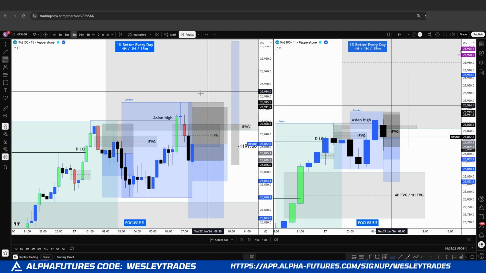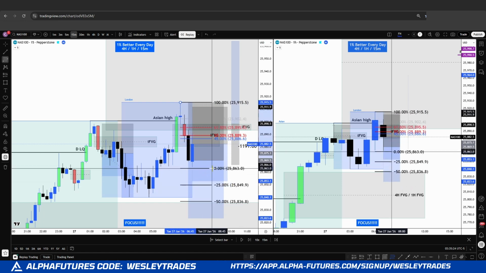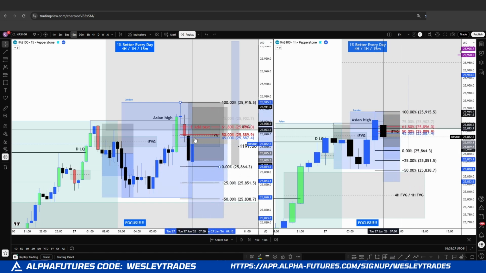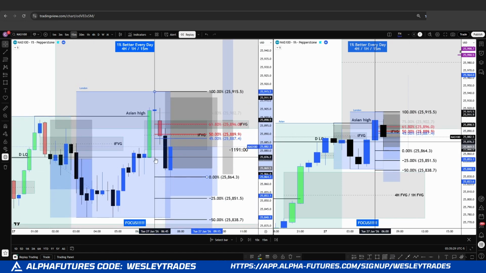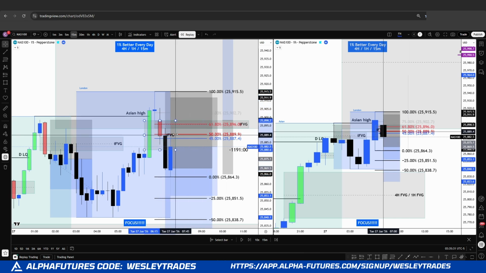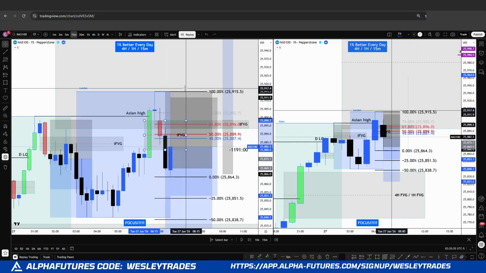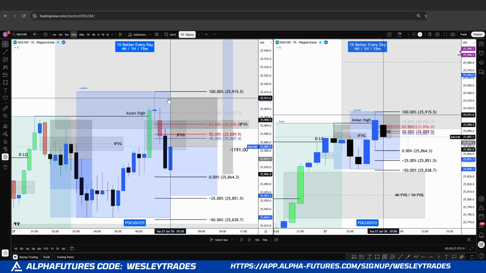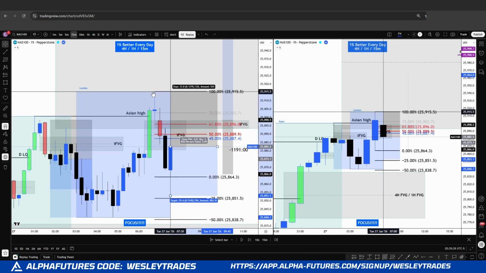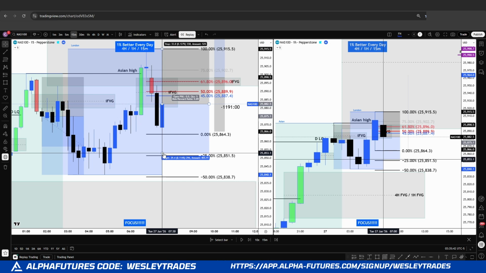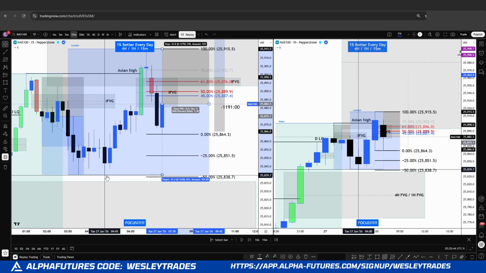So what did I do? I drew my fib tool. I waited for a retracement into the 50% and back into this inverted fair value gap, and then I entered the trade. Boom. I was in the trade. Here. My stop loss was here, and my take profit was here.